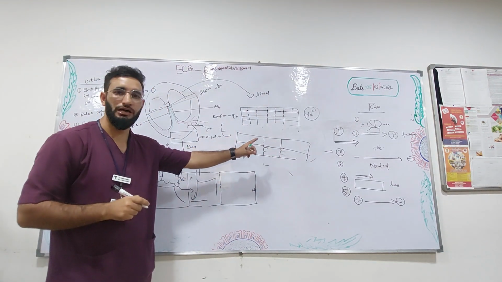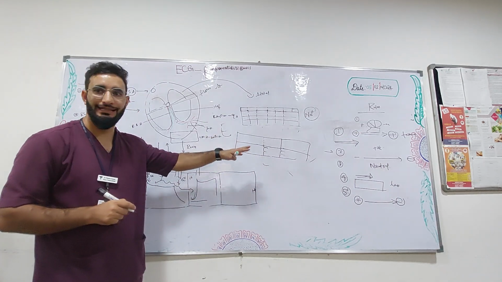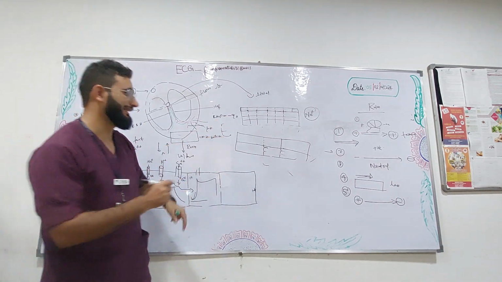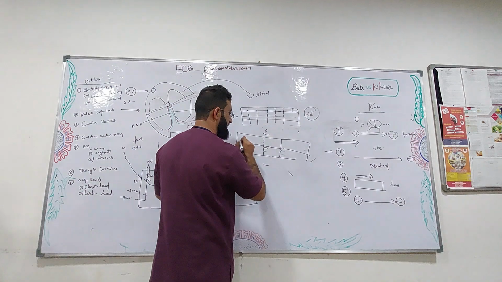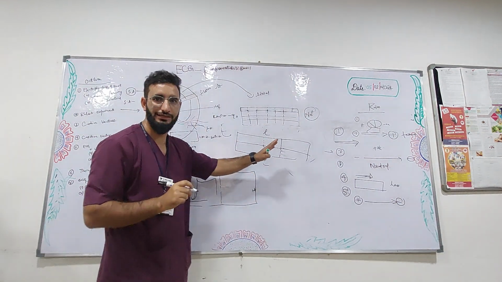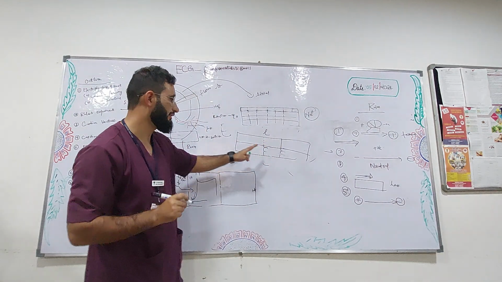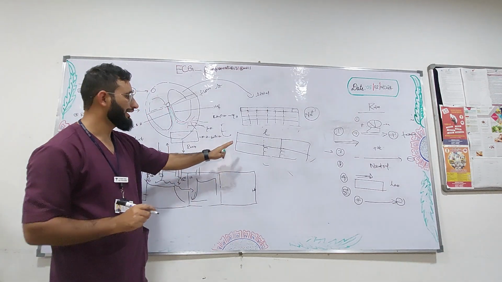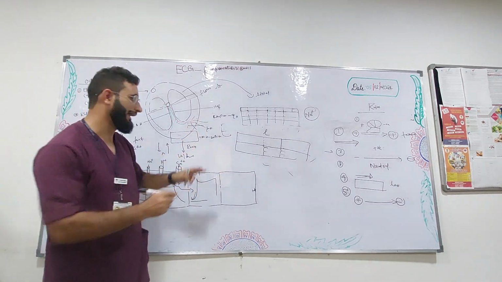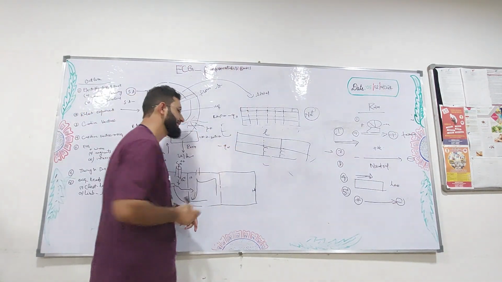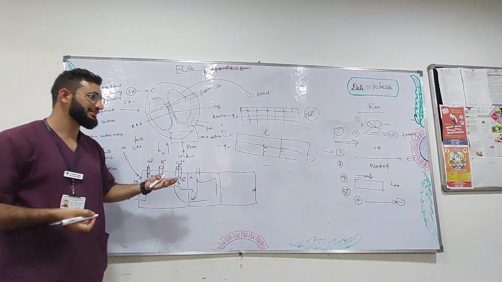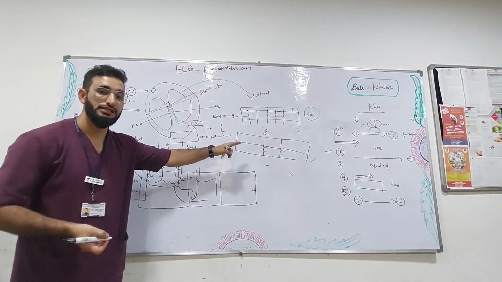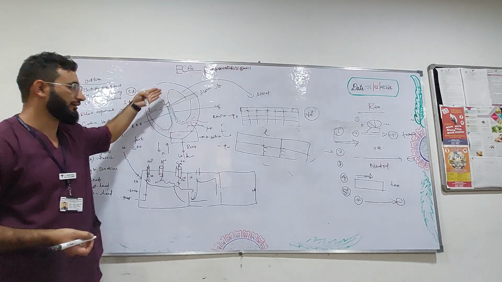The lesser the cells, the less the length, and the less the resistance. So that's why this is the first conductor, and it also has a minus 90 millivolt resting membrane potential.